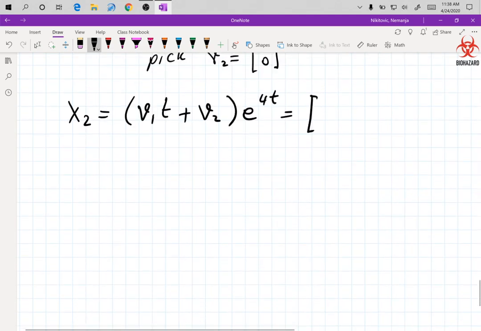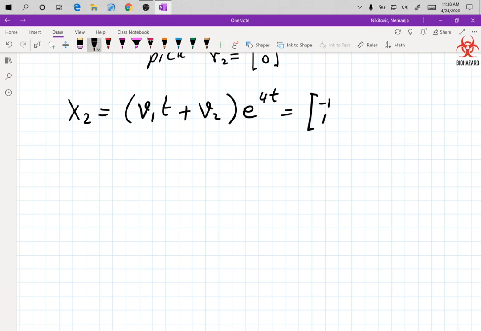So -1, 1 times t plus v2, which is 1, 0, and all of that times e to the 4t.